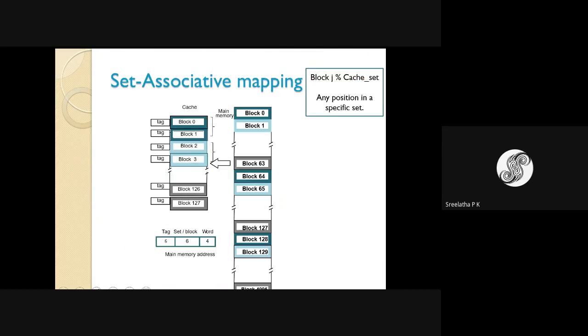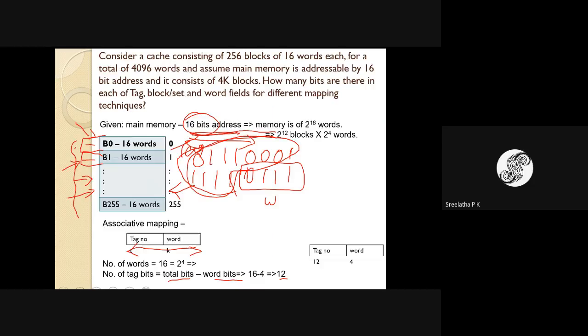Now, students, you can copy down. I'll send 2 questions for associative mapping, and I'll send this PPT also. You can find the associative mapping for the 2 different problems I send.